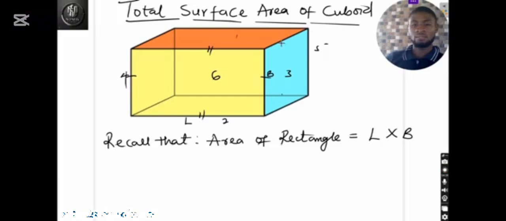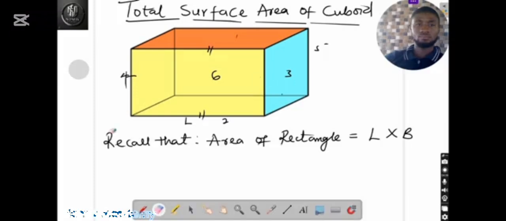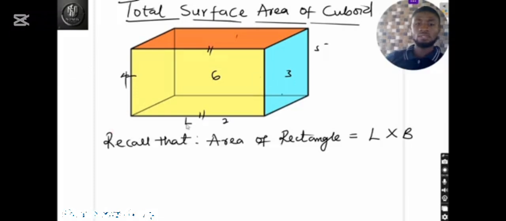Okay. Now this side can be the length, this is the height of the keyboard, and this side is the breadth, how wide the keyboard is. So we have 3 dimensions here.